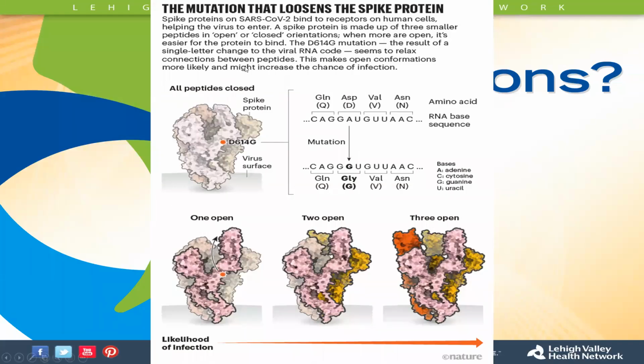Now, this is your COVID spike protein, and you can see the design of that. As it starts mutating, it can change its opening in the way spike proteins go. And here you have 3 openings compared to the one here. But that can also leave the virus more vulnerable, allowing the immunity to get to the virus nucleus and the RNA to prevent it from replicating, making it easier to destroy.